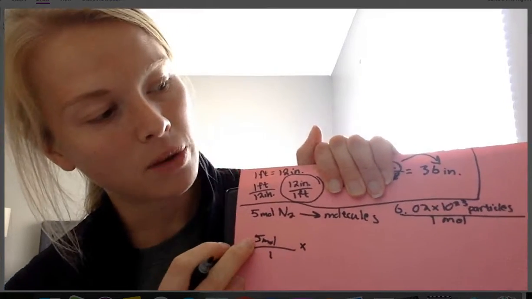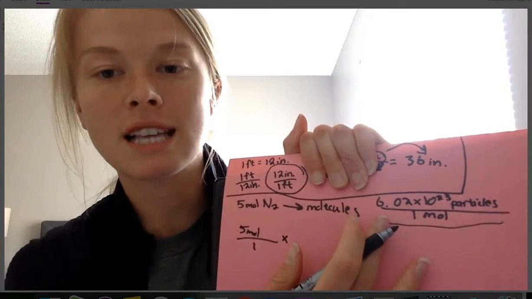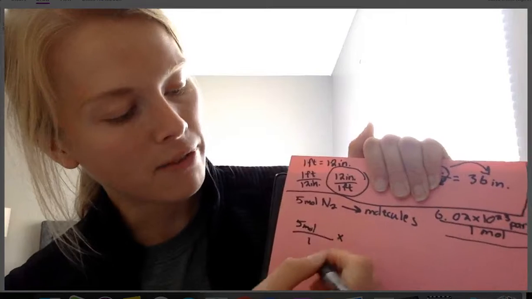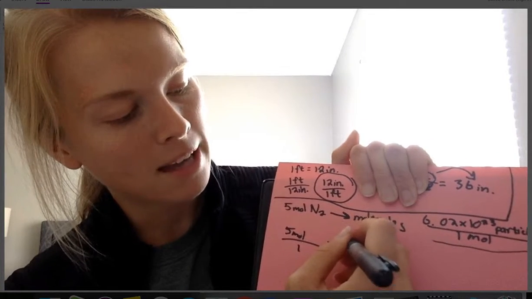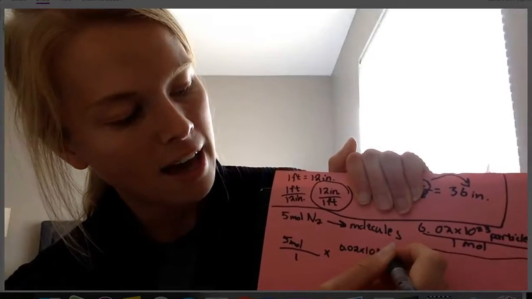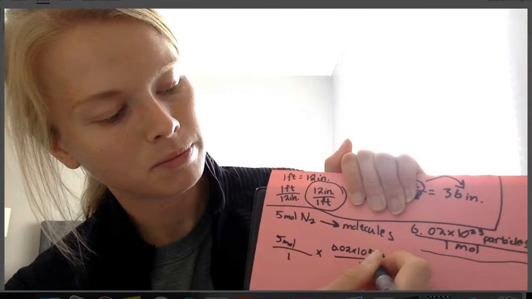So I am actually going to use this conversion that I wrote up here because moles is on the bottom and I need moles to cancel out. All right, so over here I have 5 moles over 1 times my 6.02 times 10 to the 23rd atoms over 1 mole.